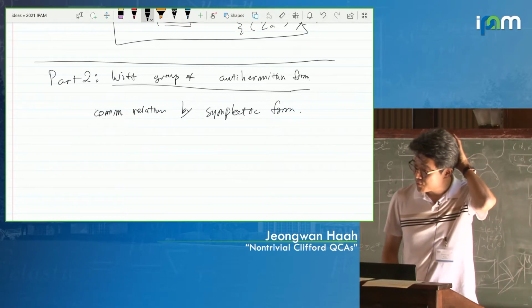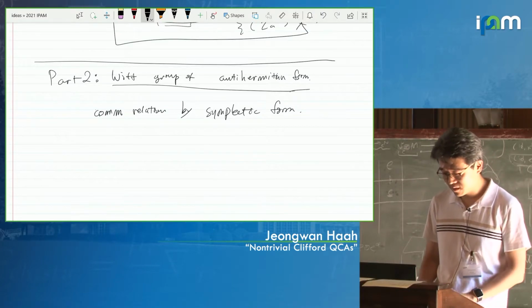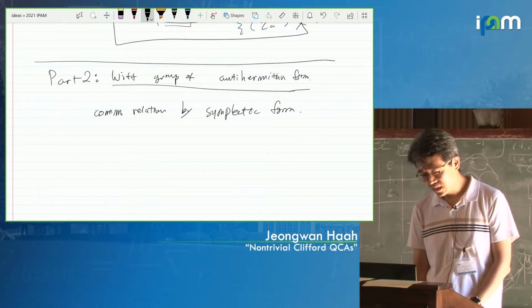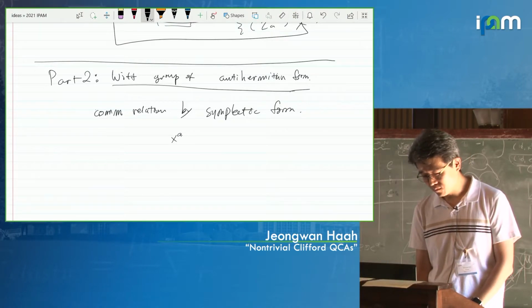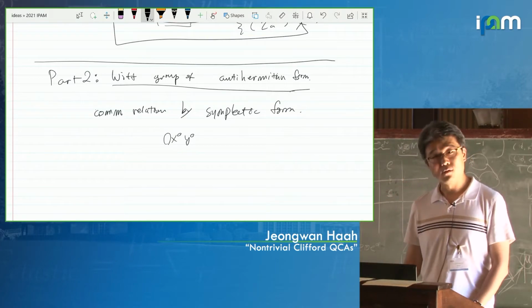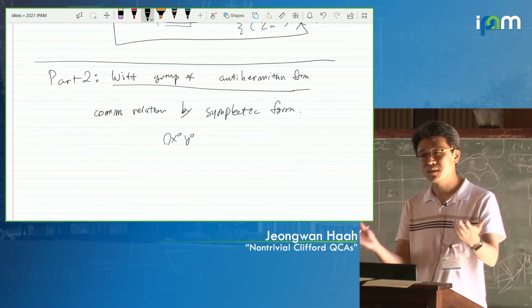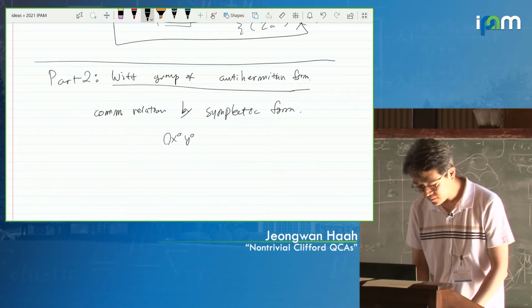So once you express your Pauli matrix in terms of Laurent polynomial, the prescription is that the exponent of your monomial remembers the position, and the coefficient of that monomial remembers whether you have an operator or not. There's an X and Z part, but yeah.